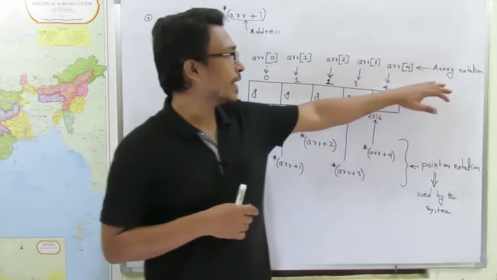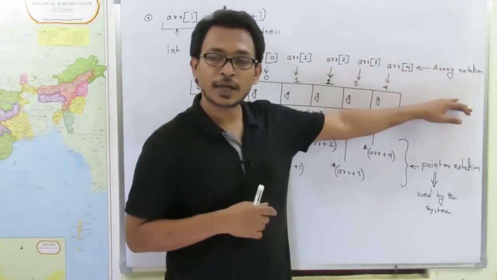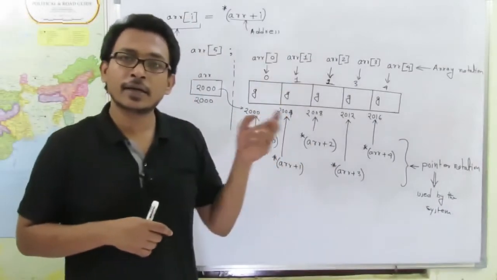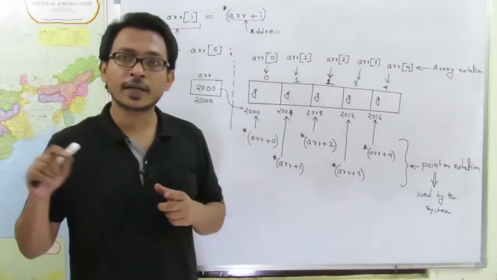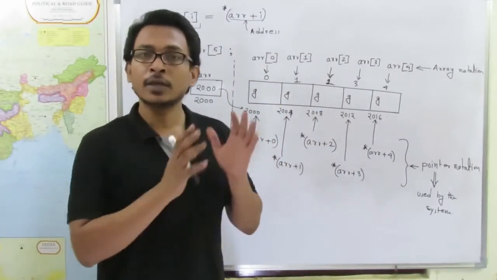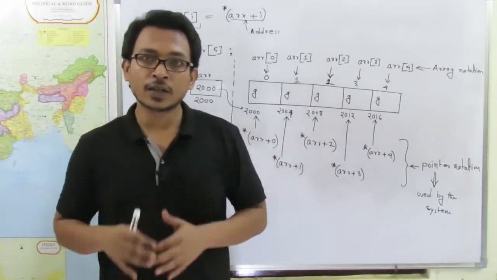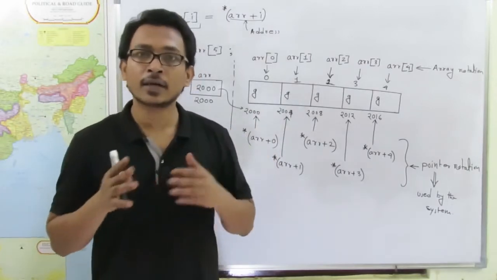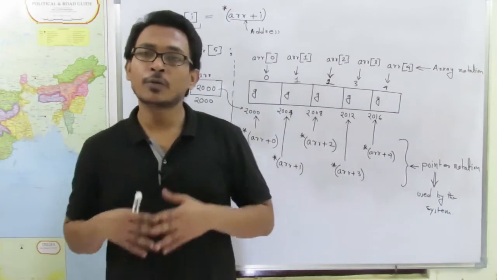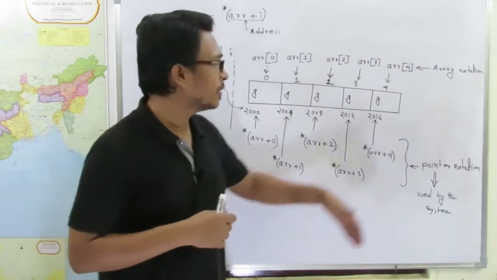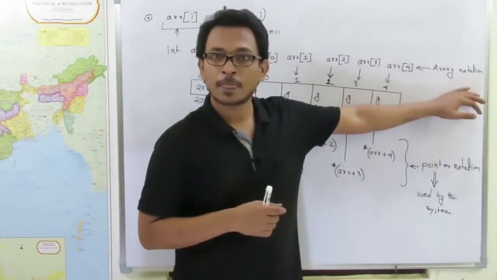But in case of array notation, the system internally takes the array notation and converts it into pointer notation. That means for this conversion, the system needs some extra time, so the execution time will increase when we use array notation. Clear?